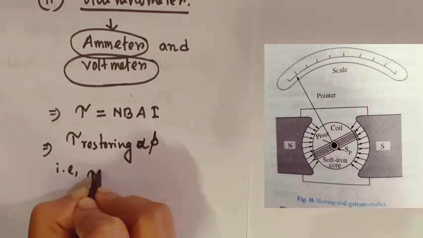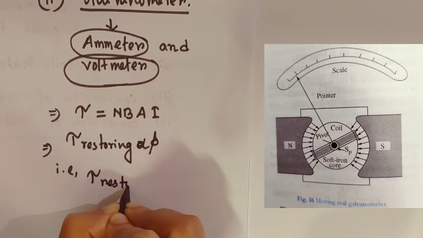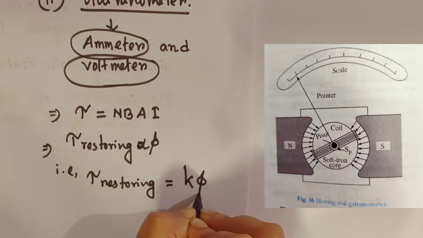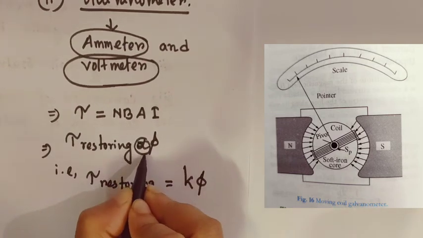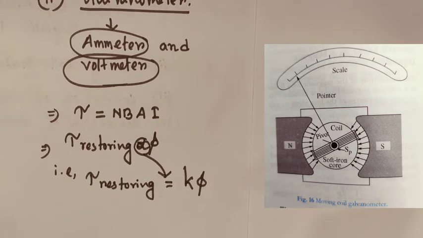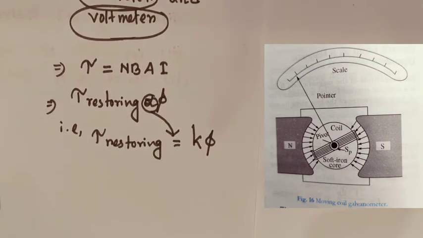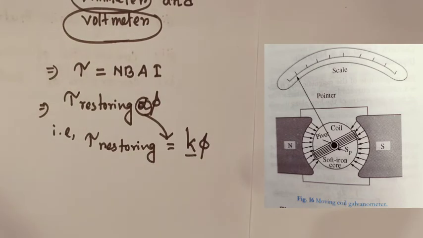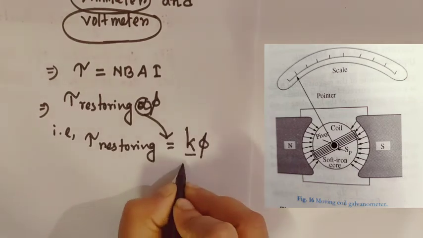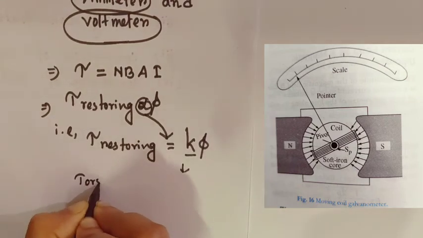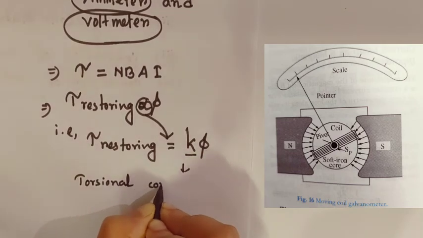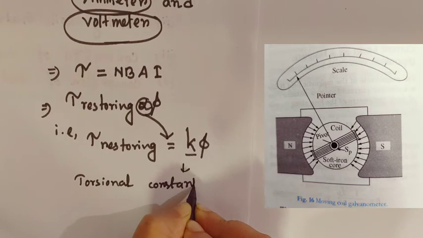In place of the proportional symbol we can write an equal sign, then we have to write one constant. That is, tau restoring is equal to K phi, where K is the torsional constant of the spring.